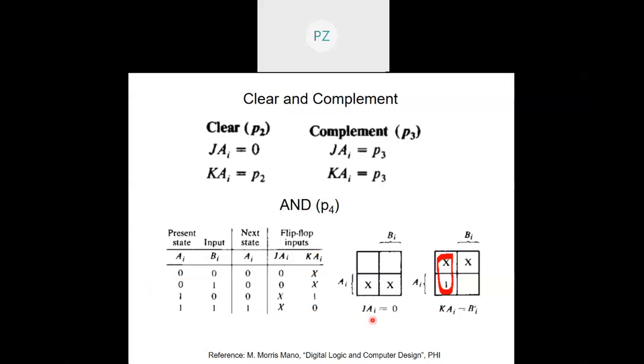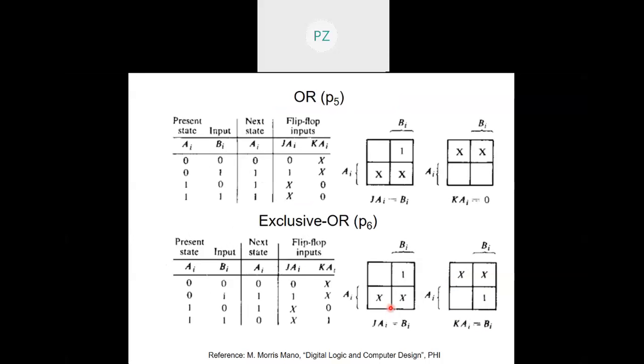So basically JAI will remain 0 and KAI will be BI dash P4. P4 dot 0 will be 0 anyway, so we will not bring in P4 there, we will bring in P4 here. KAI will be BI dash P4, so that whenever P4 is high, ANDing takes place between AI, the ith bit of the accumulator, and the ith bit of the operand B.